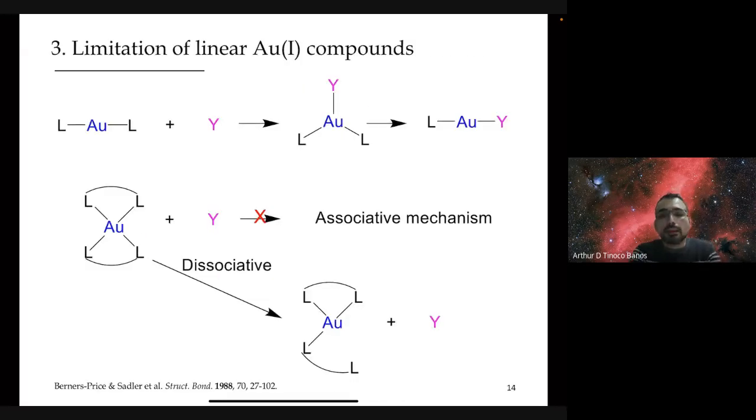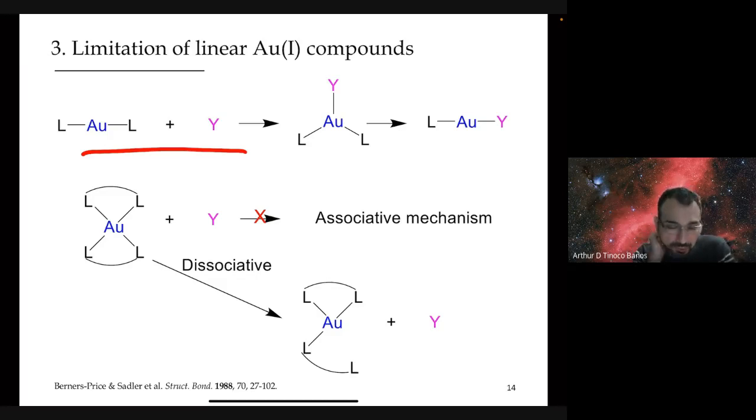All right, but then what are the limitations of gold(I) complexes, especially these linear gold(I) complexes? A major limitation is that they are very reactive. Because of that reactivity, ligand substitutions occur extremely quickly and essentially decrease the activity of the gold center.